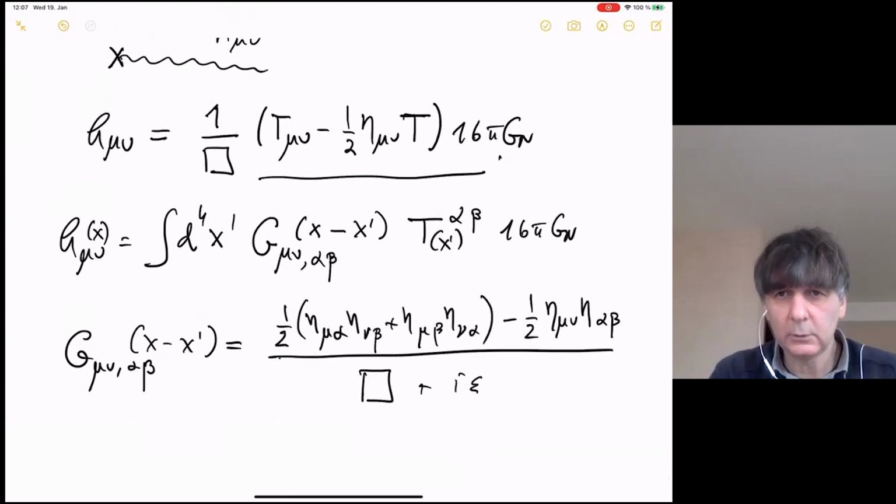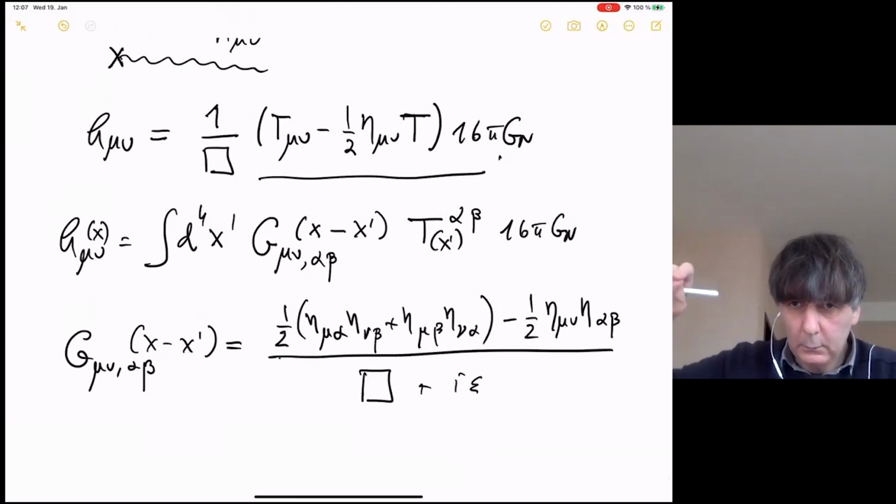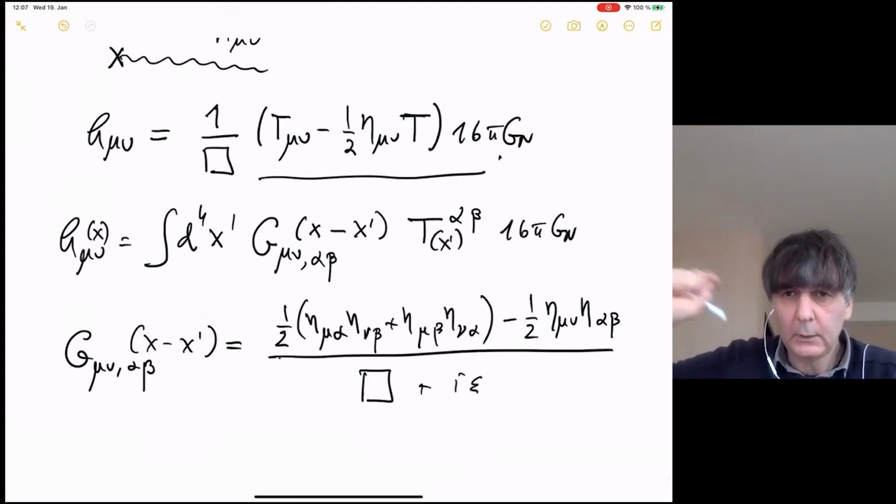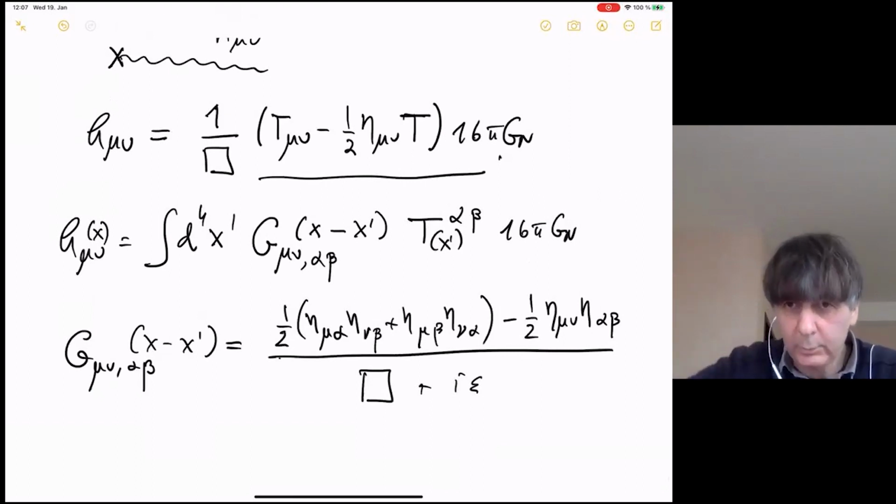So we have a source. A source creates a gravitational field, and now we can try to understand how this gravitational field influences a probe energy momentum tensor.